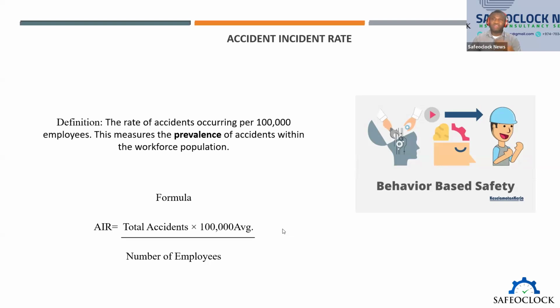Okay, so it can also be applied in case your workplace is located in areas where you use OSHA standard. You simply change the 100,000 you have here as the average working hours. Just change it to 200,000. That gives you the value that you are looking for.